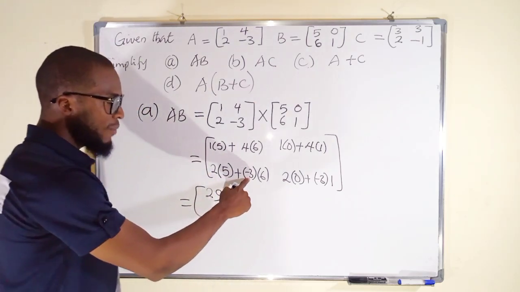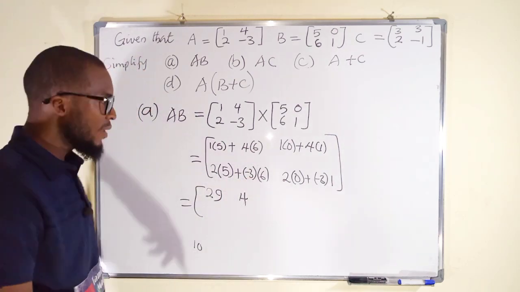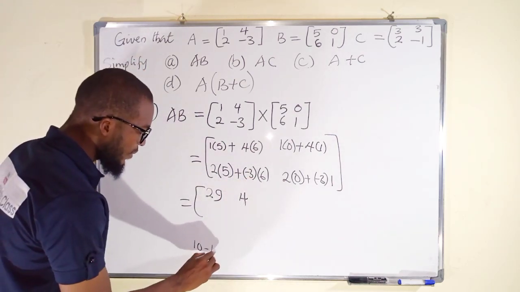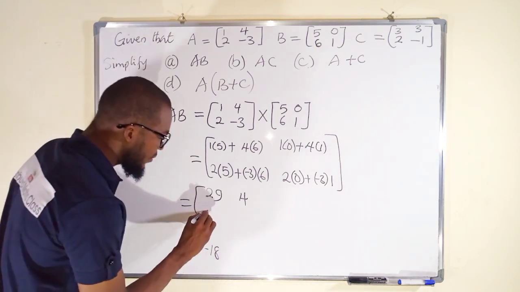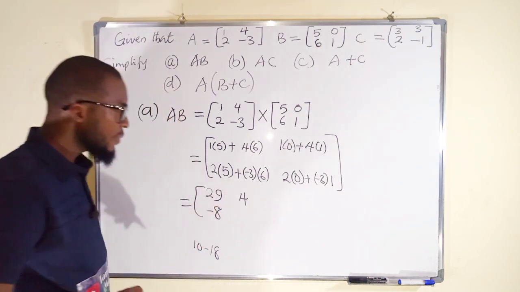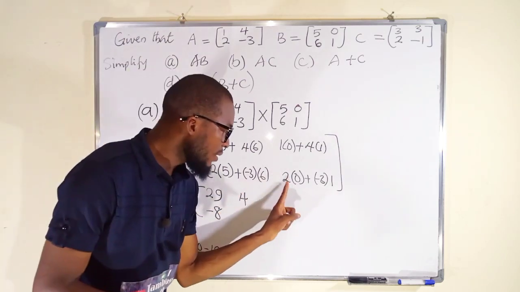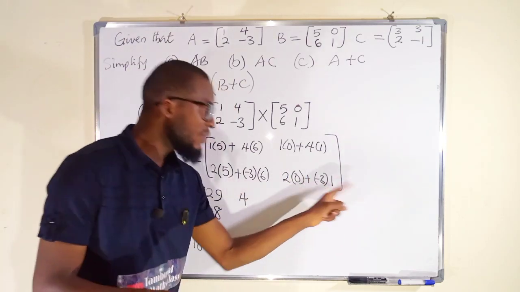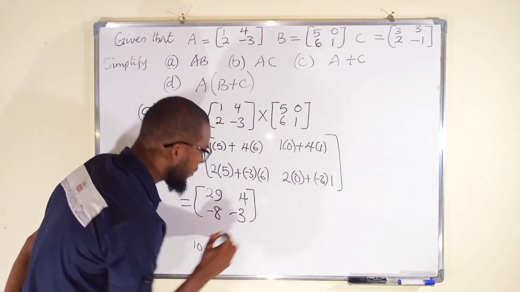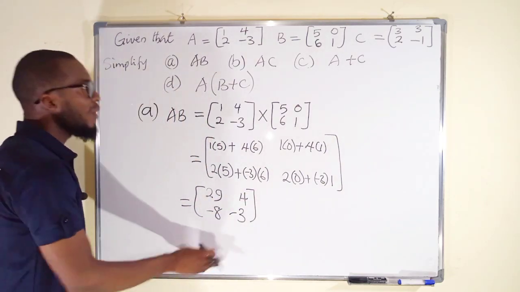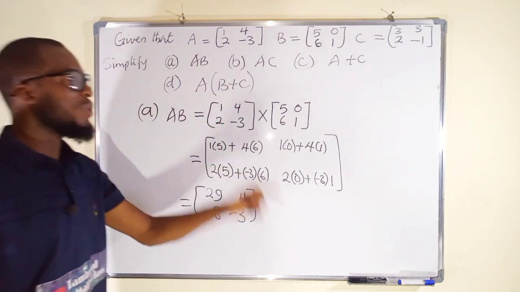Then negative 3 times 6 is negative 18. So we have negative 18. 10 minus 18 is negative 8. So we have negative 8 here. Lastly, this time this is 0. Negative 3 times 1 is negative 3. So this is our new matrix after multiplying A by B.